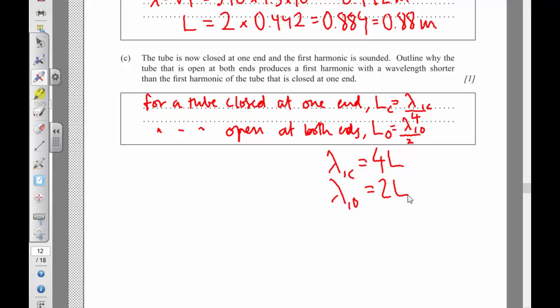So we can see that the one that's closed is going to have a longer wavelength than the one that's open. So lambda 1 closed is bigger than lambda 1 open, which is what we were trying to show.